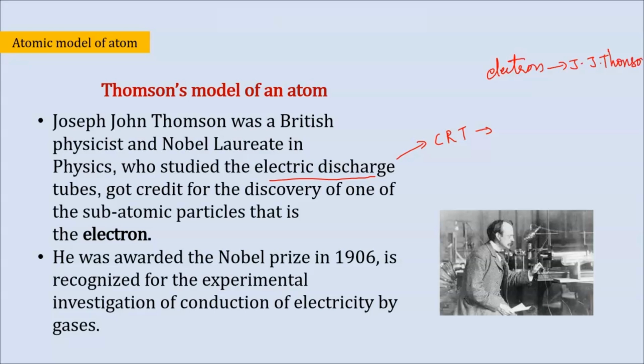Who discovered the electron? J.J. Thomson. He won the Nobel Prize in the year 1906, recognized for the experimental investigation of conducting electricity by gases. As you know, in the discharge tube we pass the gas, that is hydrogen gas, and to the hydrogen gas he passed the electricity.